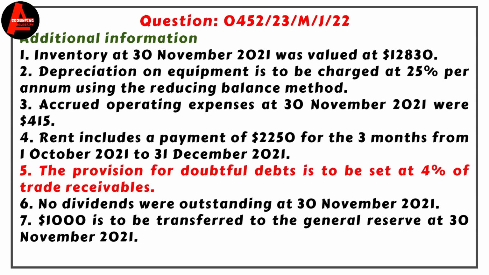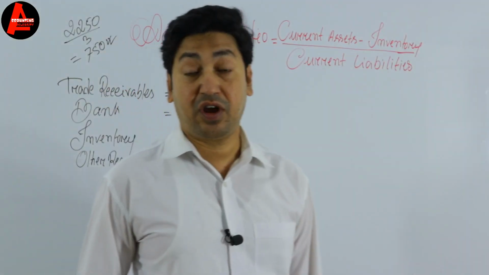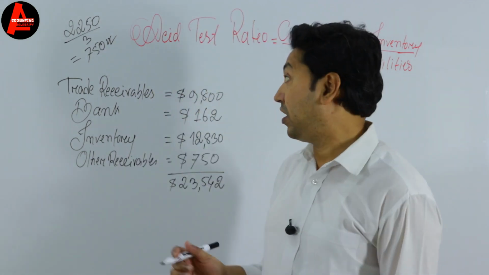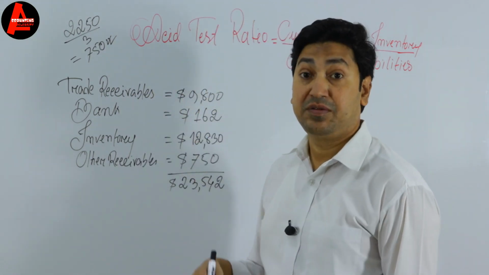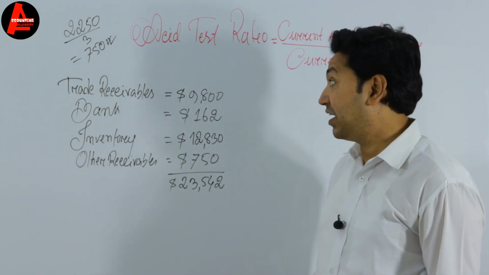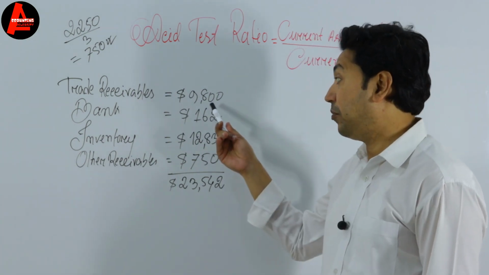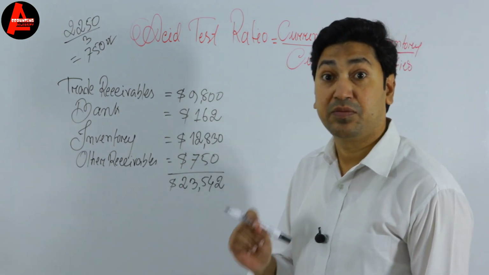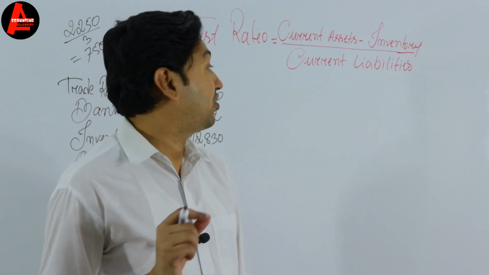We must subtract this amount from the trade receivable. Many students make mistake. They directly write this full amount to calculate the total current asset. It is completely wrong. Do not do this.